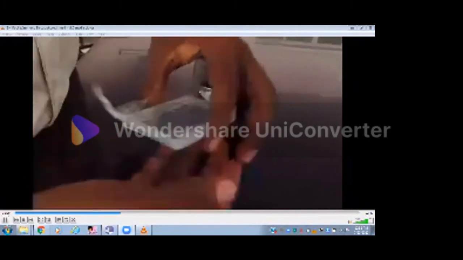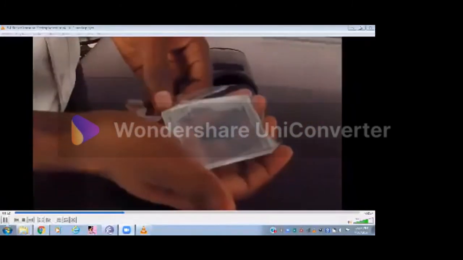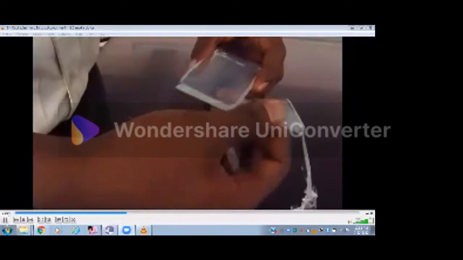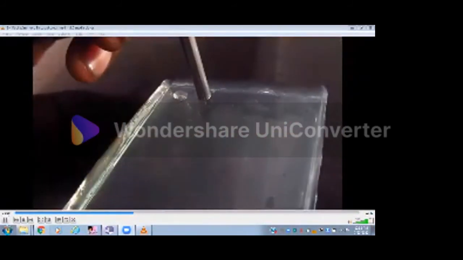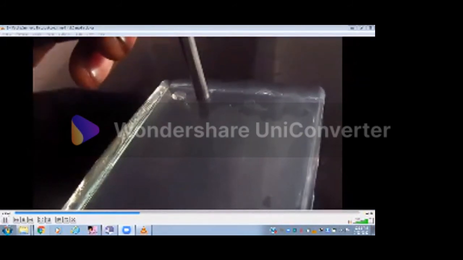Remove the tape carefully after the gel polymerizes. Make holes on the top of the gel using a gel borer without damaging the gel.